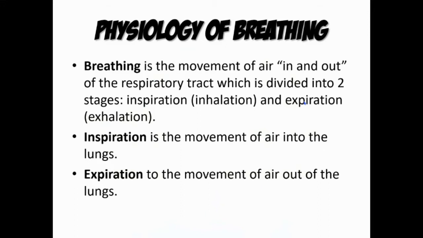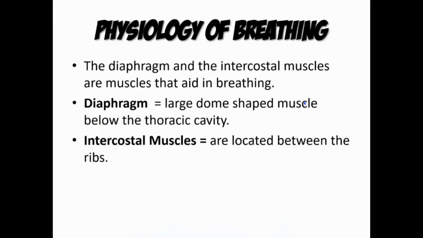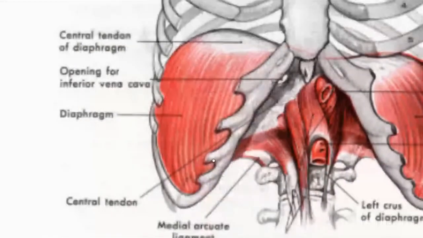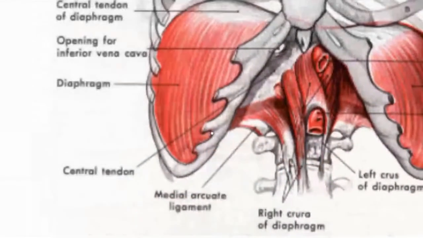So, next, the diaphragm and then the intercostal muscles are muscles that aid in breathing. And then yung diaphragm, ito yung large dome-shaped muscle below the thoracic cavity. Makikita natin yan later on. And then yung intercostal muscles, they're located between the ribs. So, ito po siya.